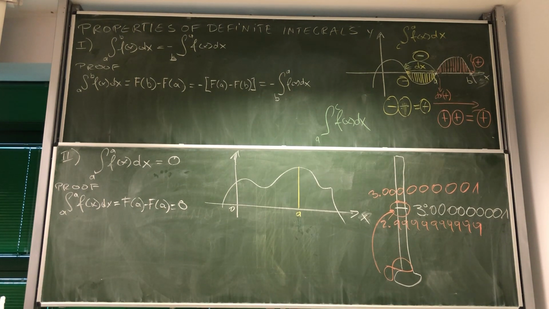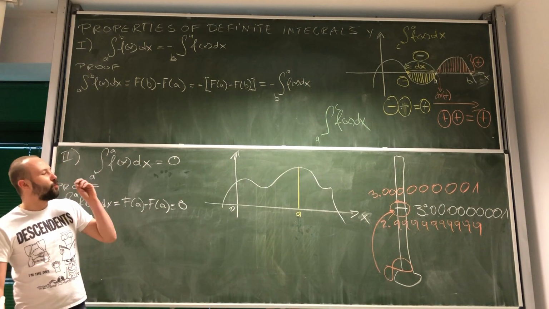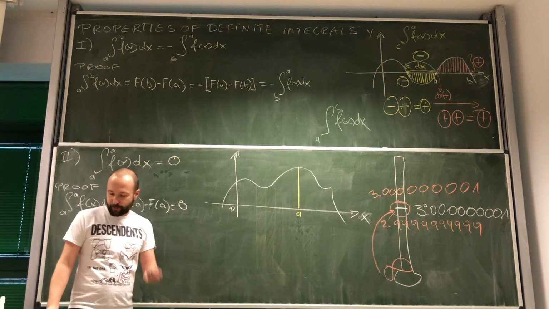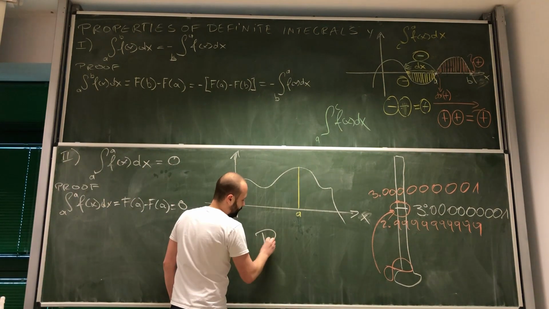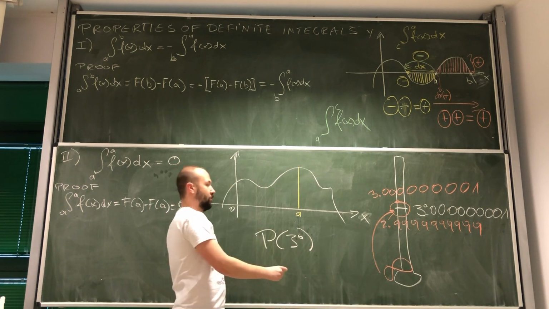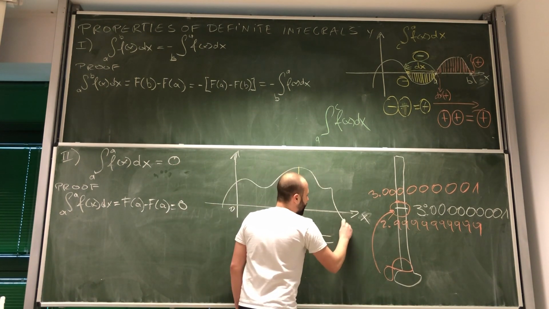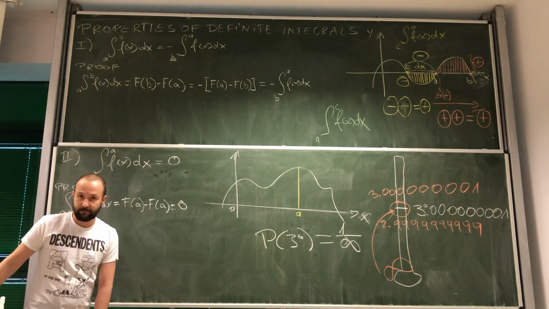So look, if you would like to calculate the probability that one specific temperature is going to happen, so the probability of 3 degrees Celsius, what would you have to do? You would choose one number and divide it by infinity.